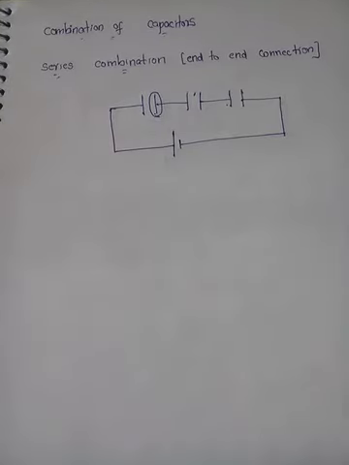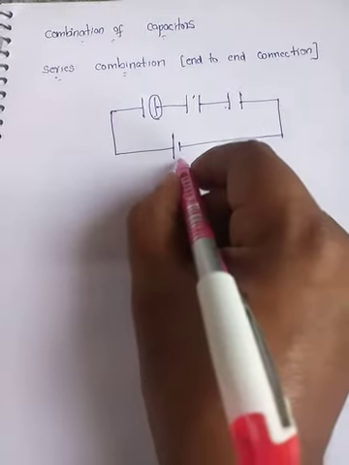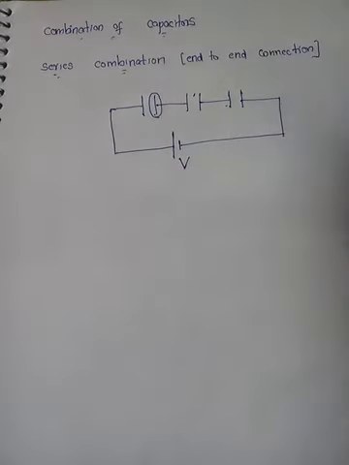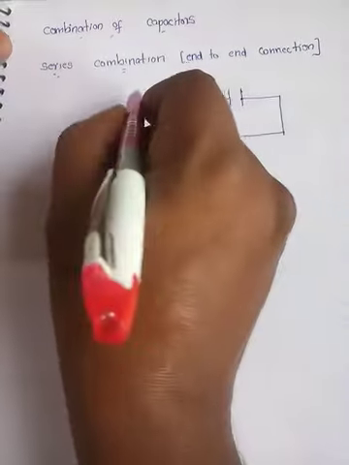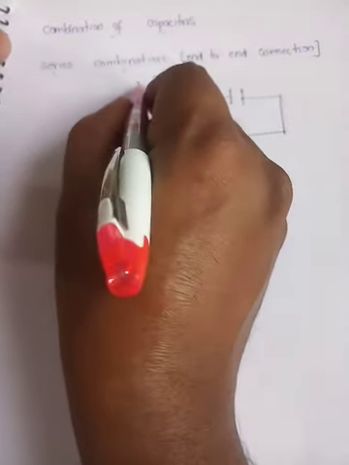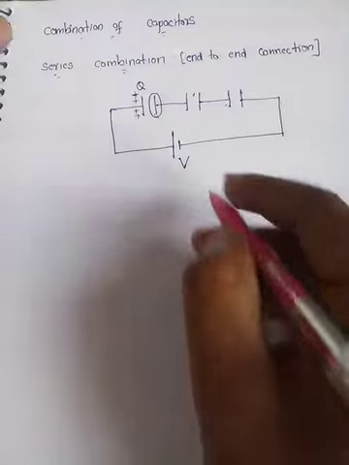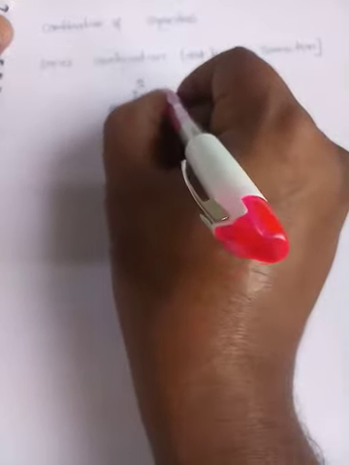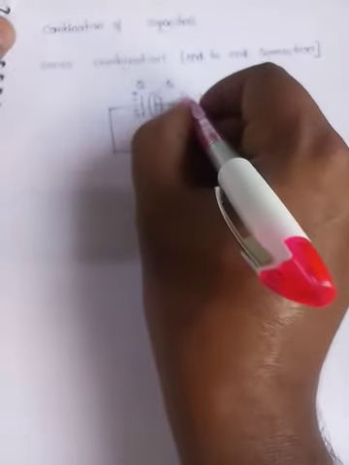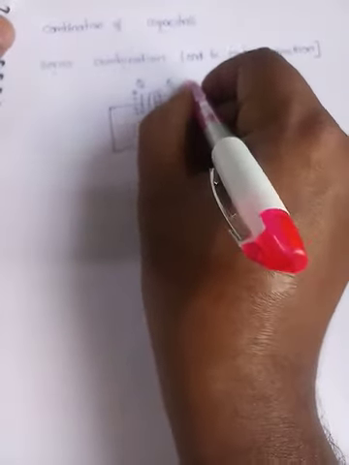So this combination is what? Series combination. Let us assume that the potential with which we connected the battery is V. Now when you connect the battery, what happens? This gets charged, right? What is the charge here? Yes, plus Q. It induces the same charge here, so minus Q. Again it induces opposite charge.